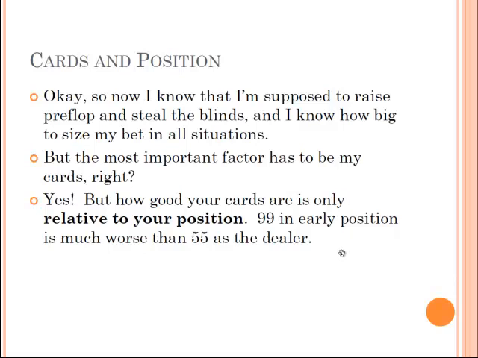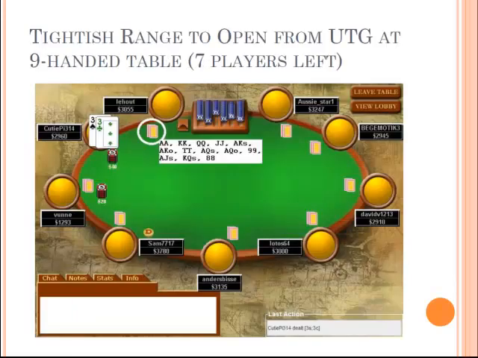So if you're under the gun at a 9-handed table, which means there's 8 players behind you with cards, these are the hands I would recommend that you play. Pocket aces, the best hand, pocket kings, pocket queens, pocket jacks, ace king. Pocket jacks and ace king are about similar strength, I would say.